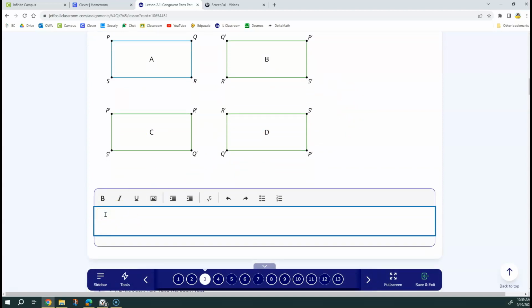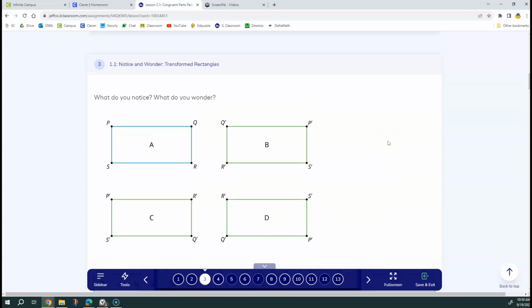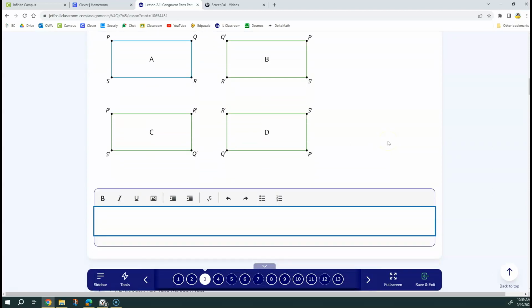Down here in the text box, please type in something that you notice and something that you wonder. So pause the video for just a few minutes, set a timer for 2 minutes, and type out some possible noticings and wonderings. Set that timer.